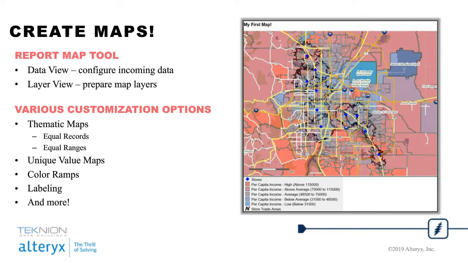You can pick and choose and decide what layers you want to concisely show on that output map. In Alteryx, as with other mapping software, you can do thematic maps. We've got equal records, equal ranges, even unique values, lots of color ramps to choose from, labeling options, and much more. So we'll actually dive into how this works.